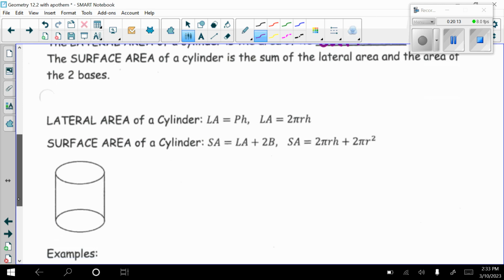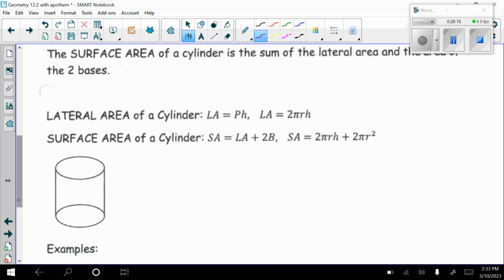Okay, so remember, lateral area never covers bases. So the lateral area of a cylinder, so this is a base, right? Here's my radius. Here's my height. And again, my height could also be on the inside. Okay, they are both perpendicular.